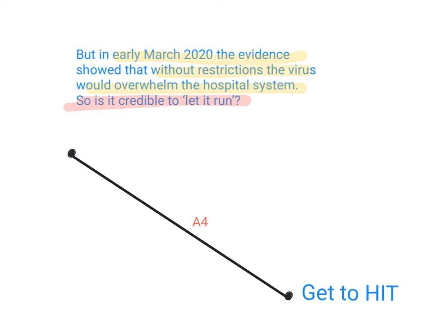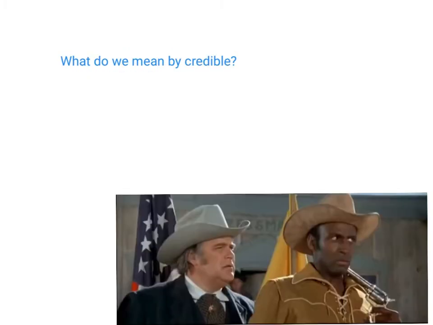Now, to analyse that, I've got to tell you exactly what credible means. In terms of a decision tree, an action is a branch from a node. So a player reaches that node and can take that action.